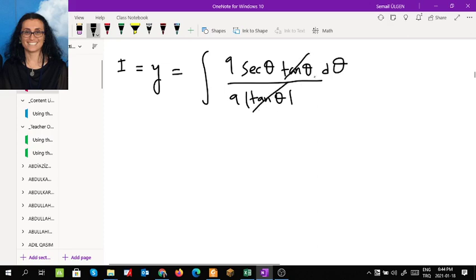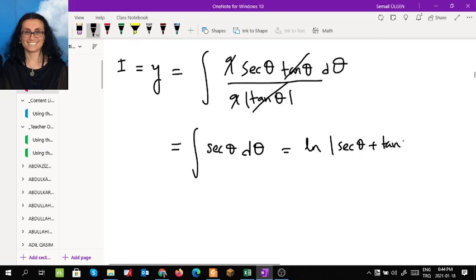Okay, these 9's are going to cancel, and this is going to be the integral of secant theta d theta. Okay, this is ln of secant theta plus tangent theta.